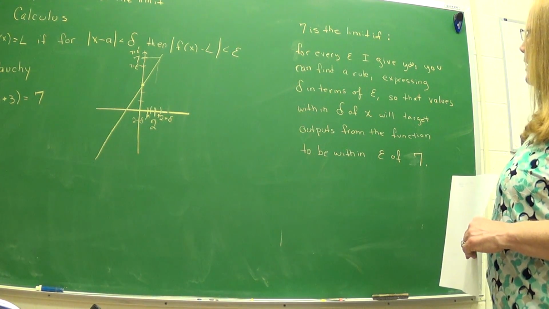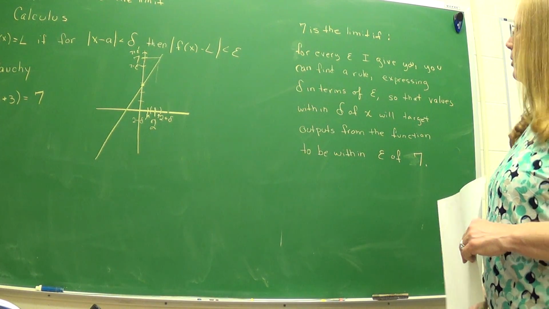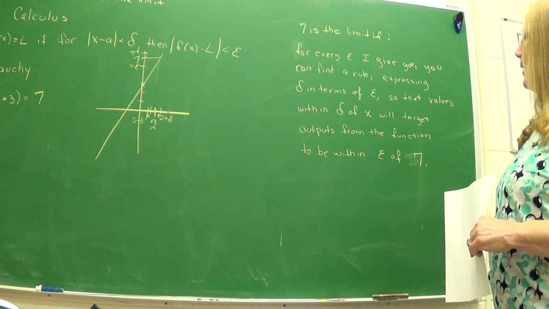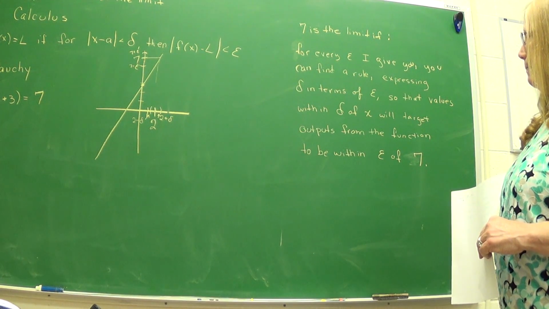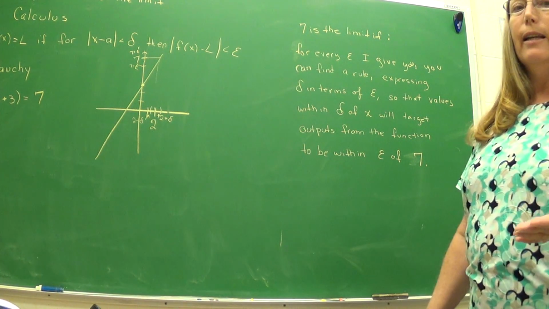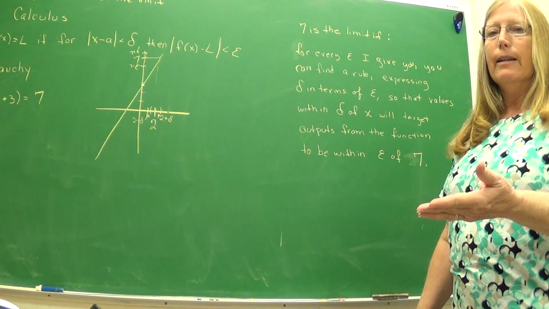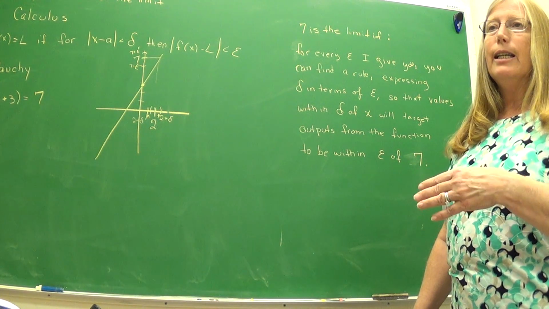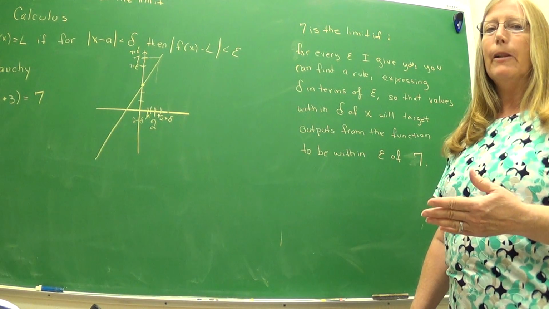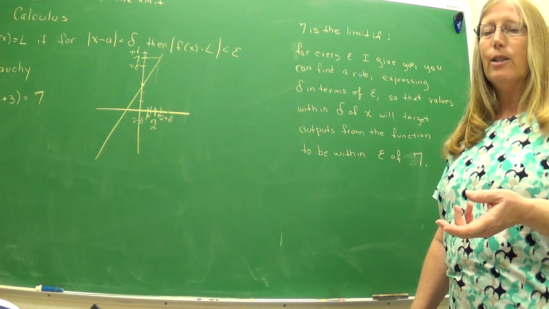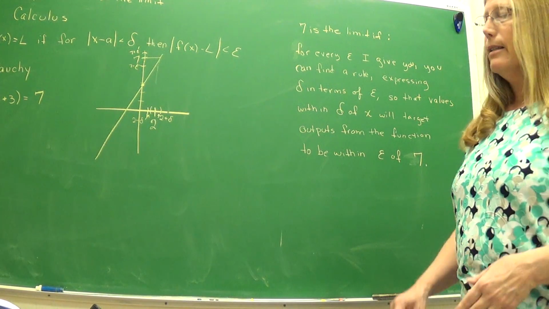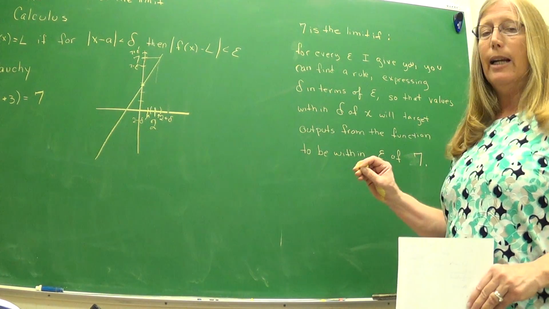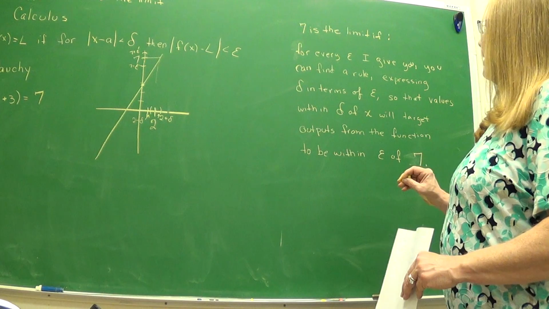For every epsilon I give you, you can find a rule expressing delta in terms of epsilon. So if I give you an epsilon, you're going to do something with it and call it delta. Say you're going to take epsilon and multiply it by 2, and that's your rule. Or maybe you're going to take epsilon and divide it by 3. Somehow you're going to mess with that epsilon and call it delta.